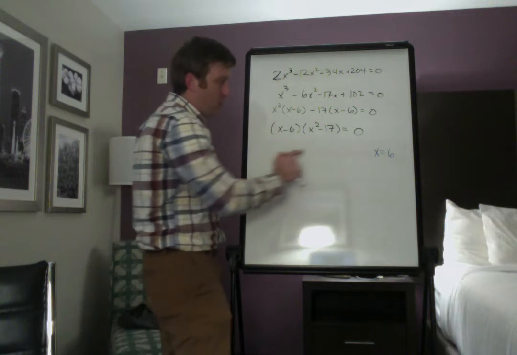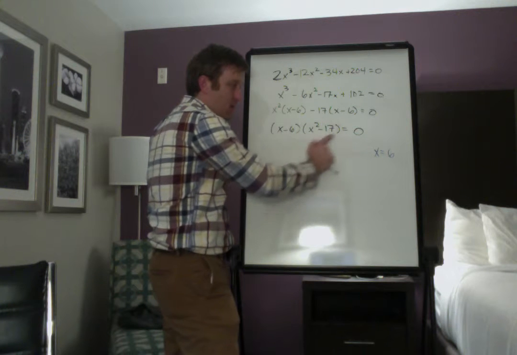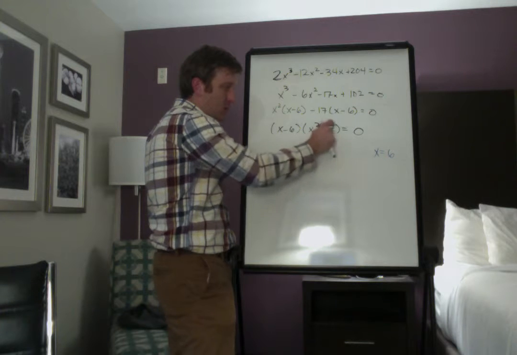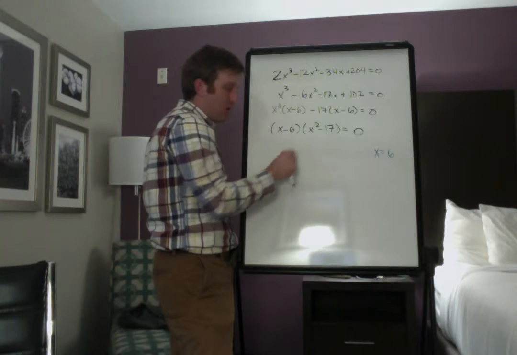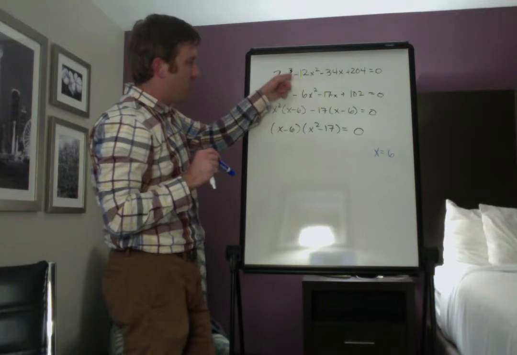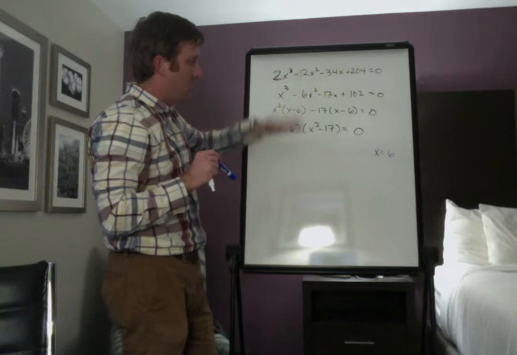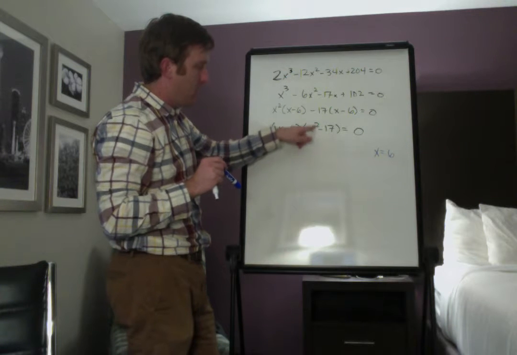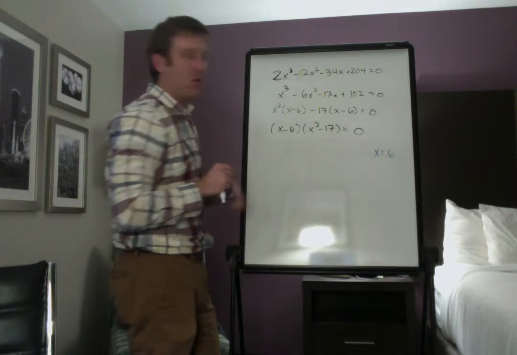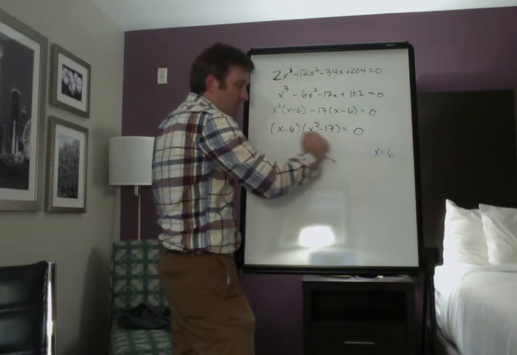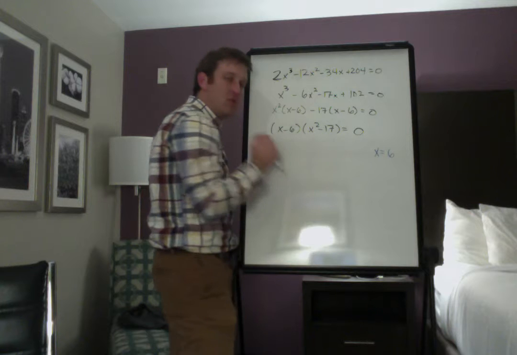Now I need to figure out what's going to make this part right here into 0. Well, I have an x squared, so I can't just call it 17. And there should be 2 zeros in here, because remember, I'm looking for 3. This is one of them. My other 2 are hiding in here where I have the x squared. So I need to figure out what values of x make this expression into 0.